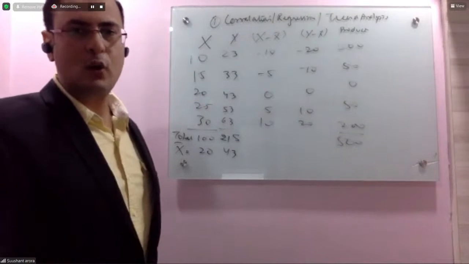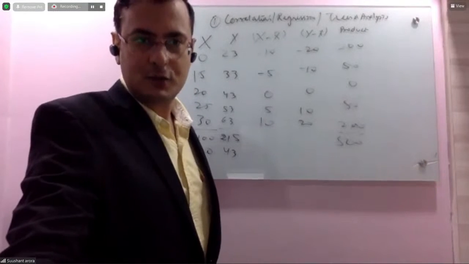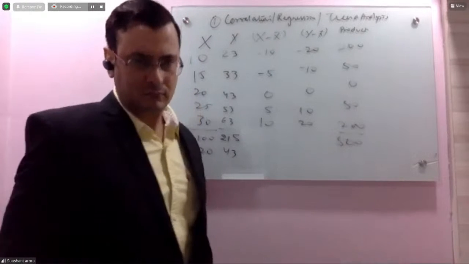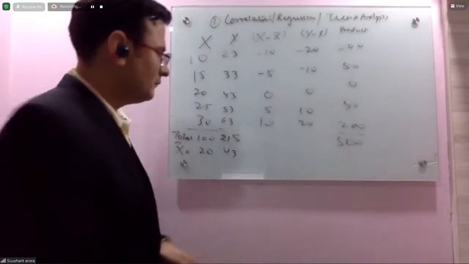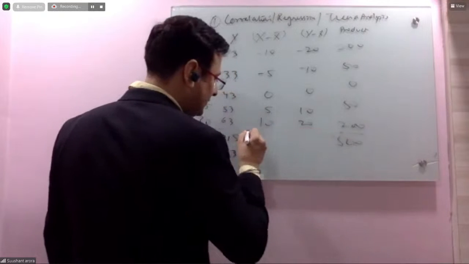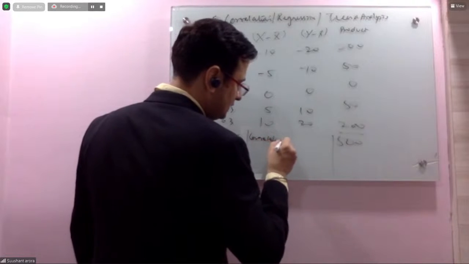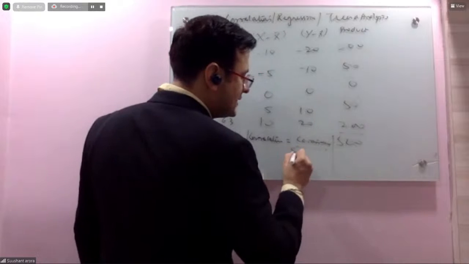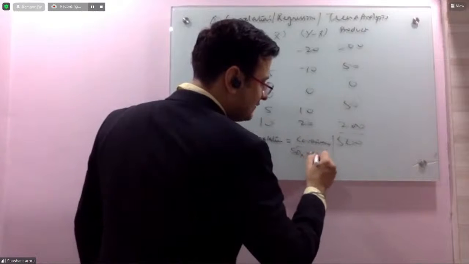How do we calculate the correlation? I hope you remember the formula. First we have to calculate the covariance. For correlation, you have to calculate it. Let me write it here: covariance divided by standard deviation of x and standard deviation of y.